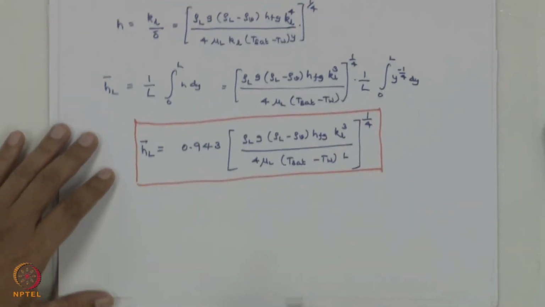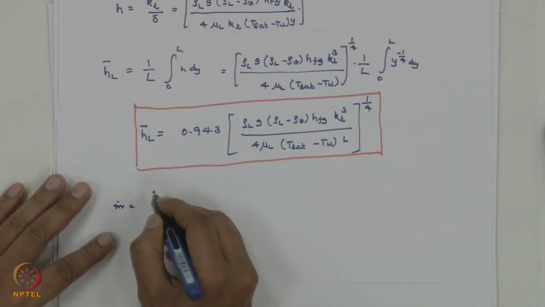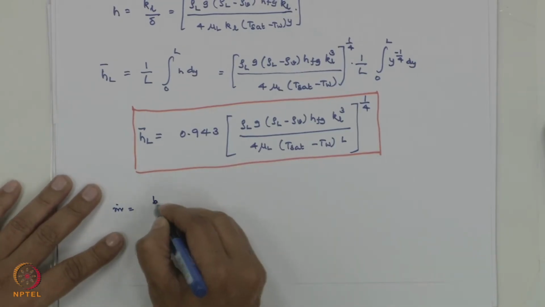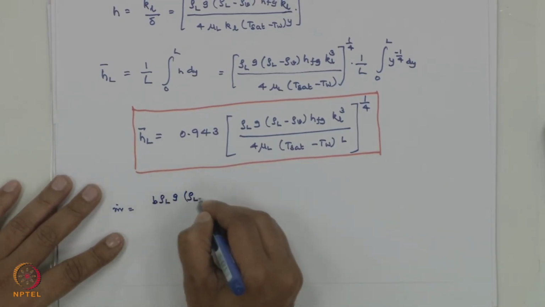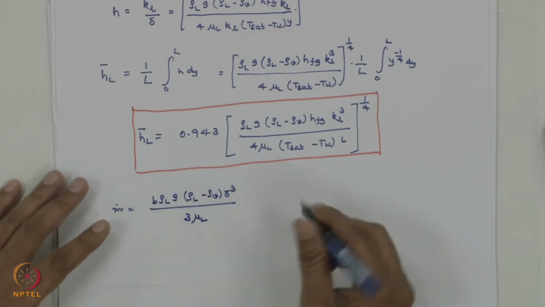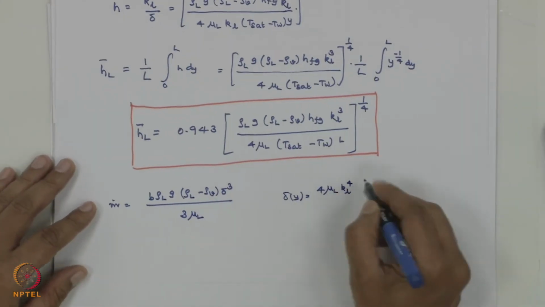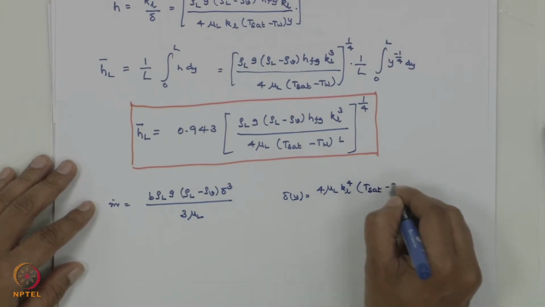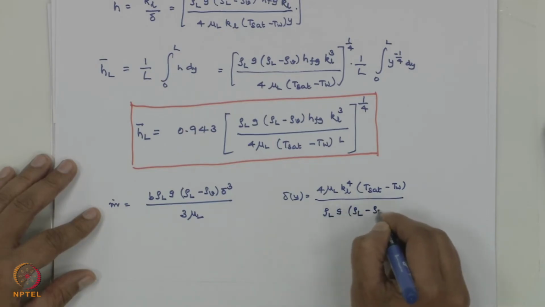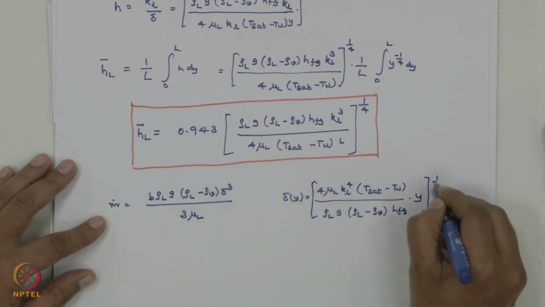So you get m dot equal to b rho L g into rho L minus rho V into delta cube divided by 3 mu L. But delta of y, we know, is 4 mu L KL into T sat minus T wall upon rho L g into rho L minus rho V, we have just derived this, HFG into y to the power of 1 by 4.